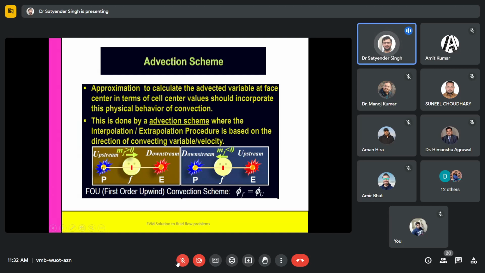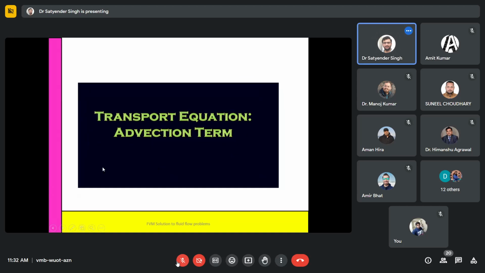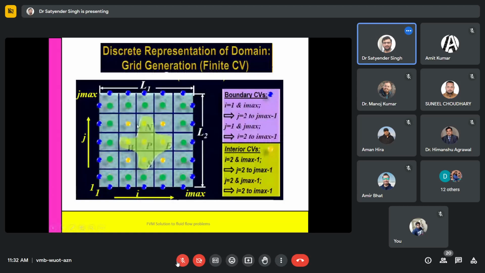Let me show you on one of the pictures here. Let's say you want to obtain one value at this green cell center. At this boundary, one value for your reference, in the form of a boundary condition, is already assigned. So by taking reference of this value, we have to calculate one value at this cell center.